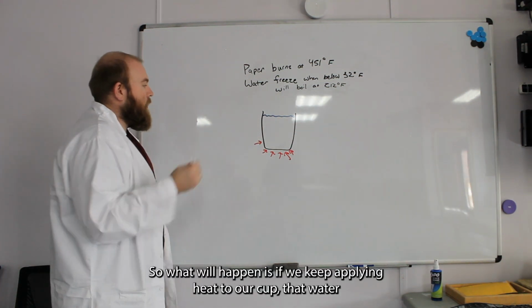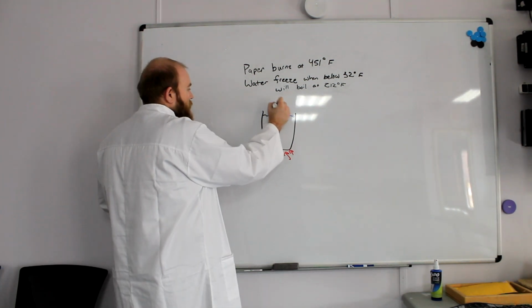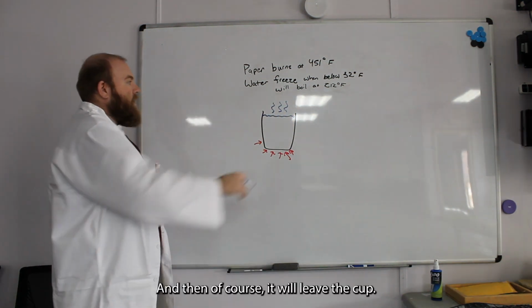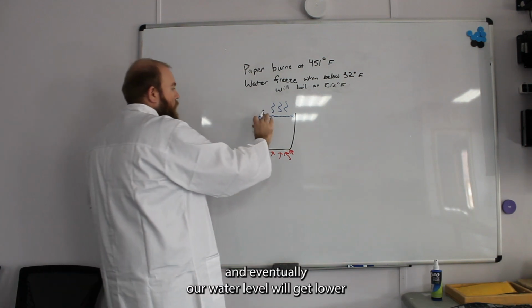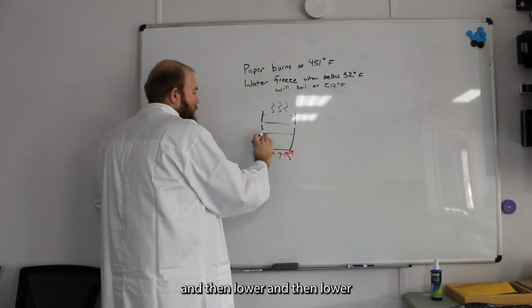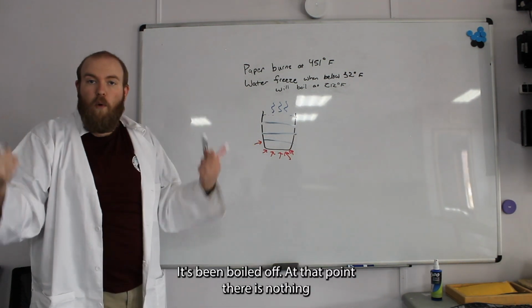So what will happen is if we keep applying heat to our cup, that water will start to boil and turn into water vapor. And then of course, it will leave the cup, it'll go into the atmosphere. And eventually our water level will get lower, and then lower, and then lower, until there is no water remaining because it's all been boiled off.